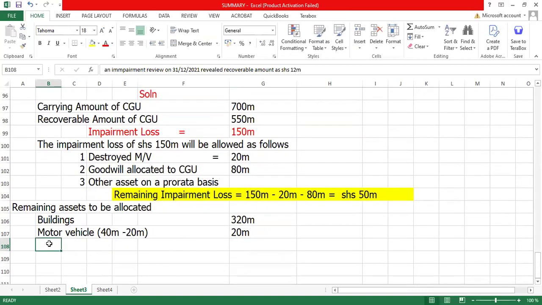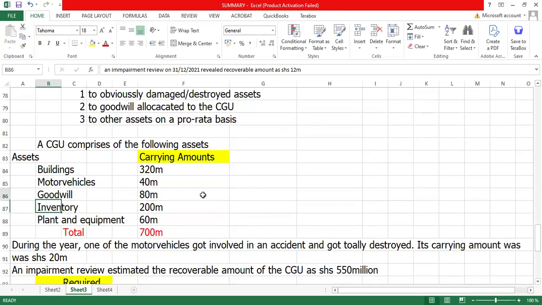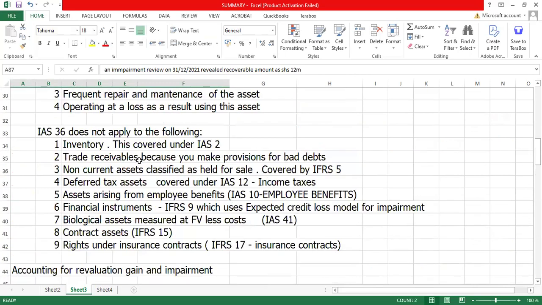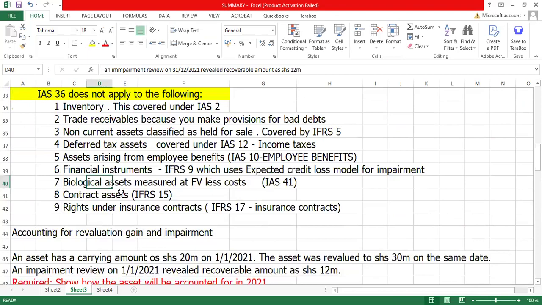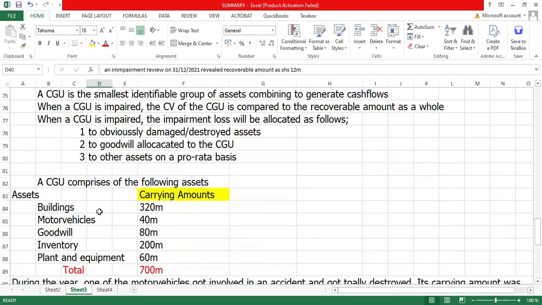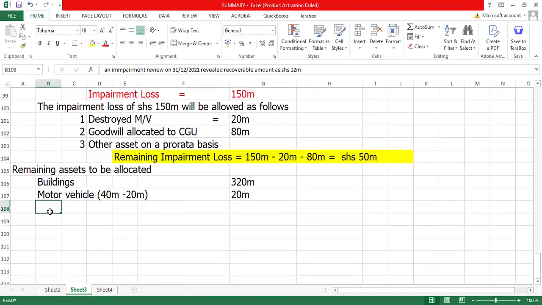Then here you have 20 million. Then next, you have what? Goodwill, you're done. Are you going to put inventory? No. We said inventory is not part. Inventory is covered under IAS 2, so you don't allocate impairment to inventory.